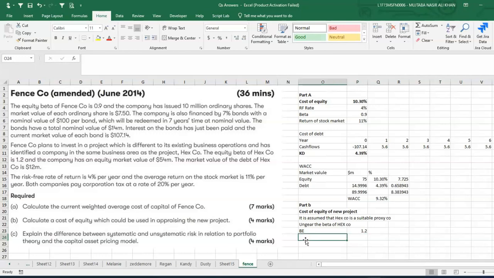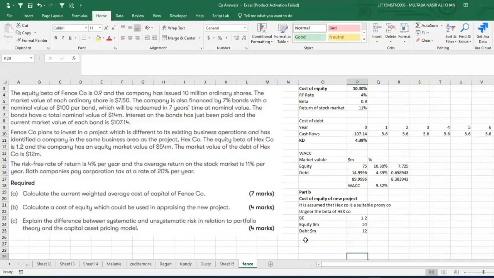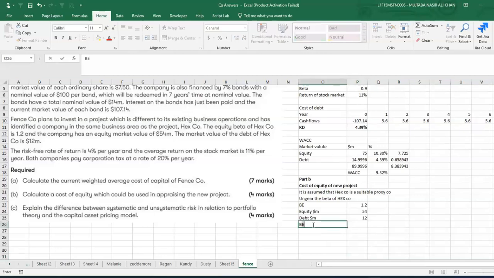And its equity value is 54 million, and debt is 12. So 54 and 12. So what is the beta asset? Beta equity into equity value divided by equity plus debt into 1 minus t, that is 0.8.